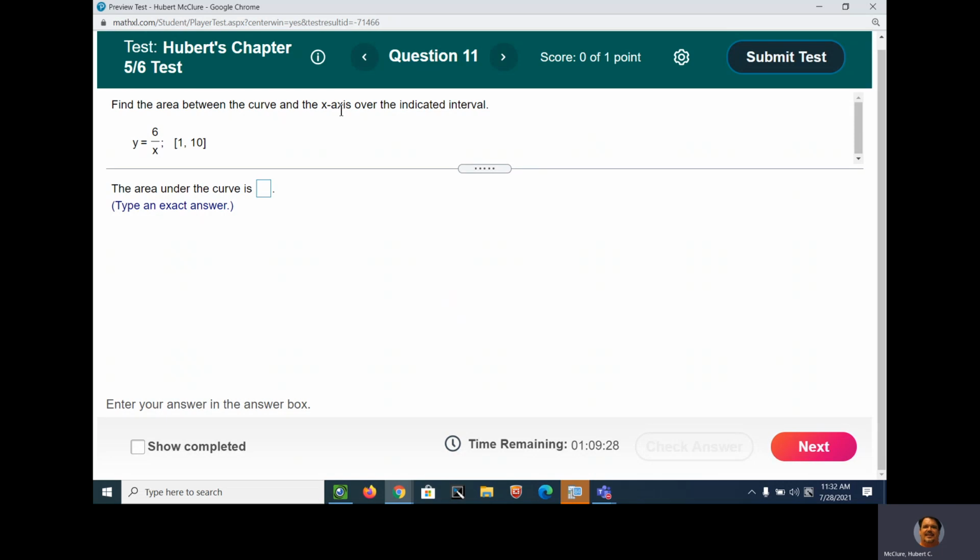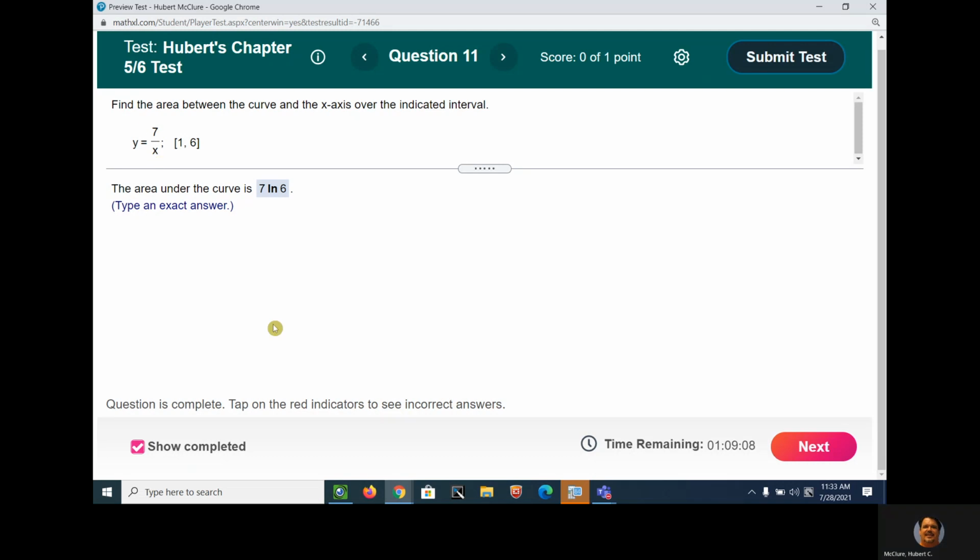Find the area between the curve and the x-axis over the indicated interval. That's 6x to the negative 1, and you should be able to do that one. That's one of your elementary problems. I'll give you another one. There you go, 7 over x to the negative 1.